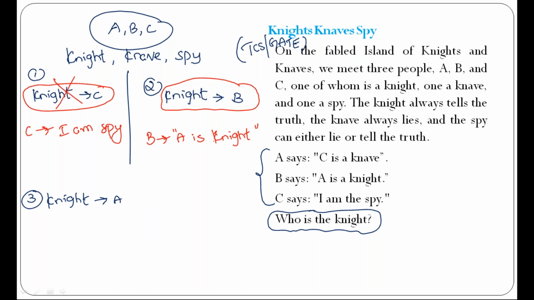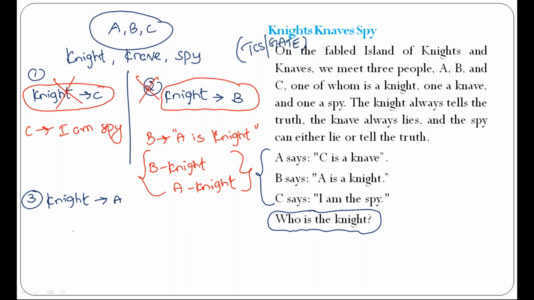B is saying A is knight. But only one person is knight, one is navy, one is spy. Both being knights is not possible. That's why this is also not suitable. If you consider B as knight, the statement given by B must be true, then A is knight, which is contradictory. That's why we are not considering that.